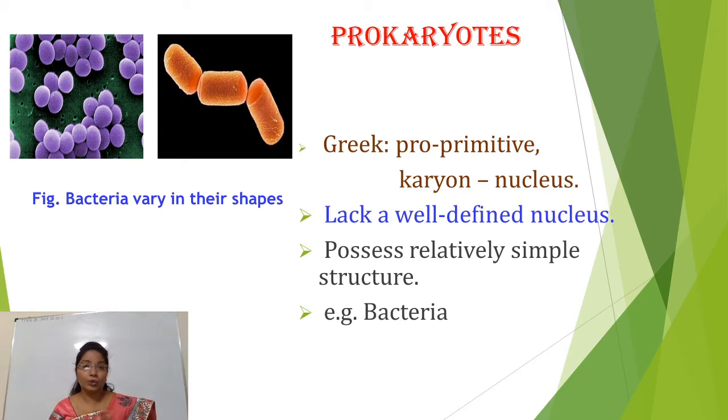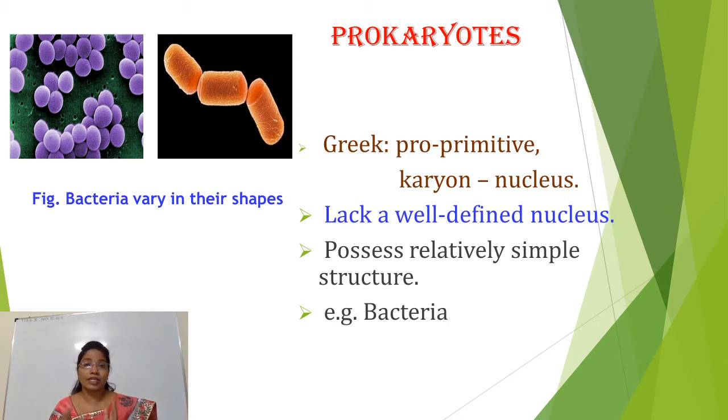See, in eukaryotes such as plants and animals, there are cell organelles, and there is a well organized nucleus. That means there is a nuclear membrane, there is a nucleolus, there is nucleoplasm.